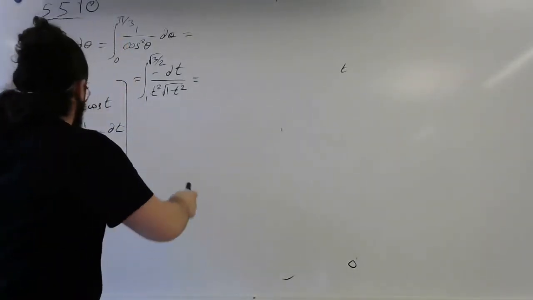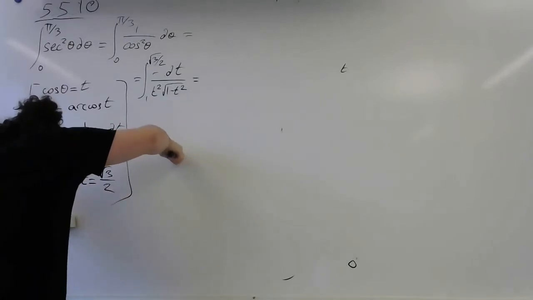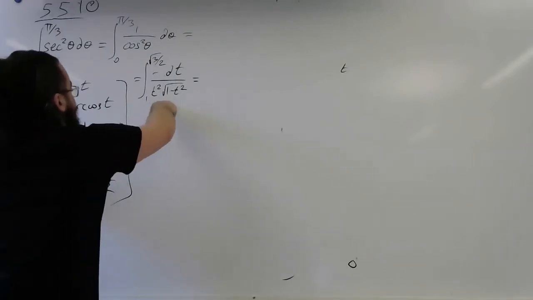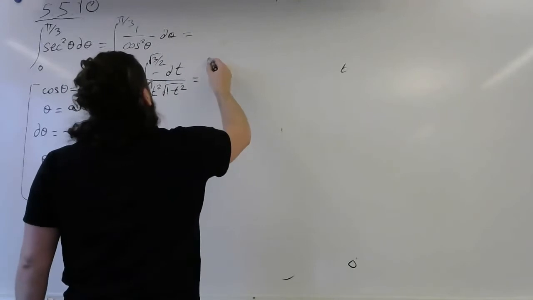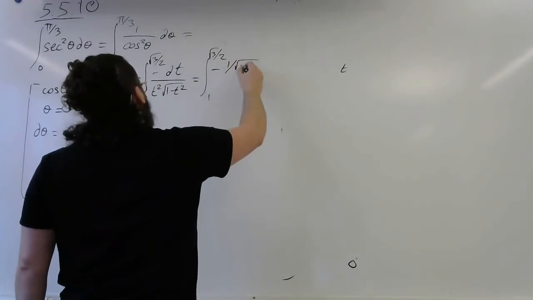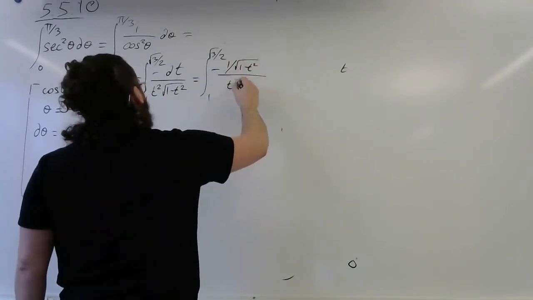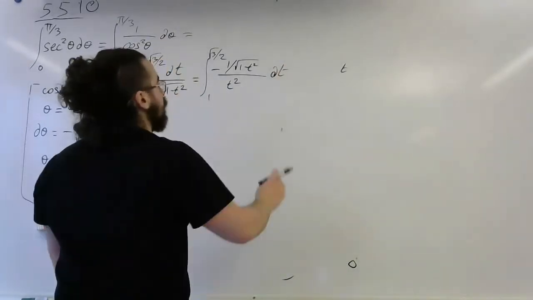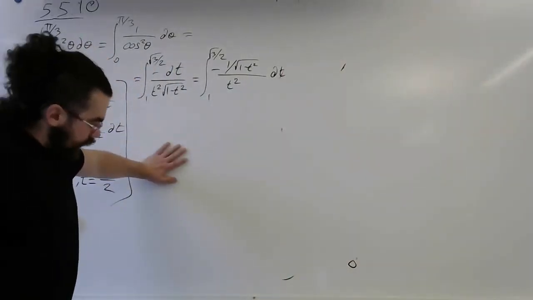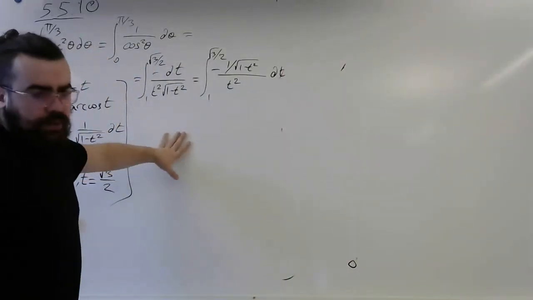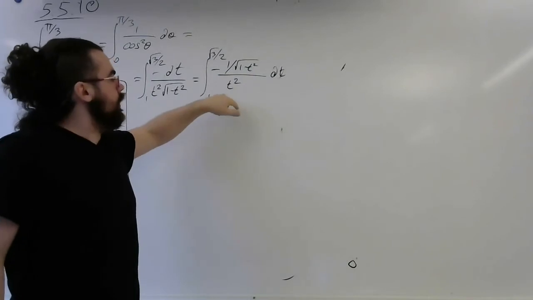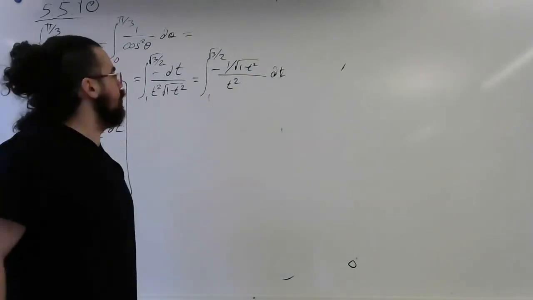So if we put this in this form, then we could possibly have a quotient of functions, right? This looks like a function squared. This could be in the denominator, but what could be in the numerator?